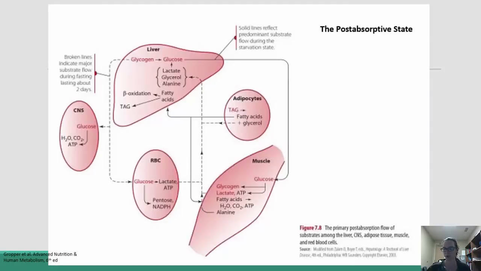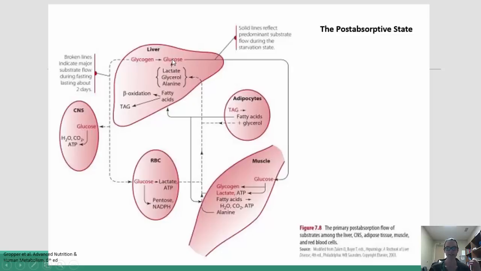All right, let's move on to our post-absorptive state. So when we haven't had a meal within a few hours, then hepatic glycogenolysis is the major provider for glucose in the blood. Here we have our glycogen. We don't have glucose directly from our meal at this point, so we've got to start breaking down the glycogen into glucose to be delivered to our blood and to our other tissues.